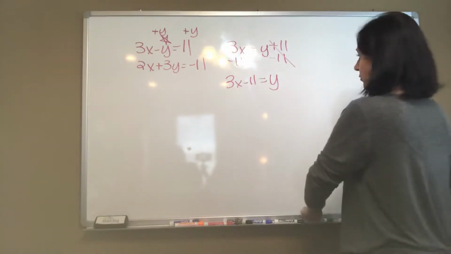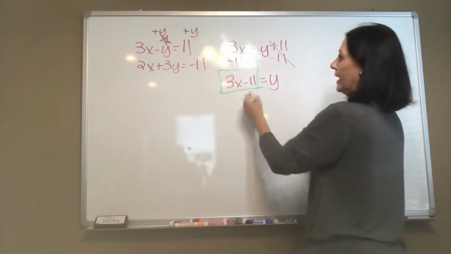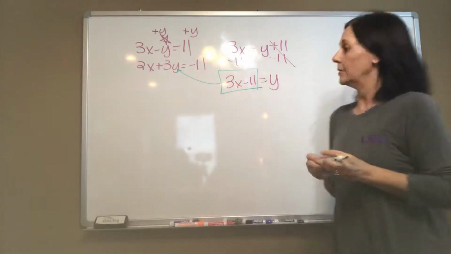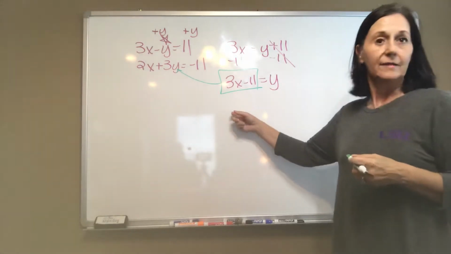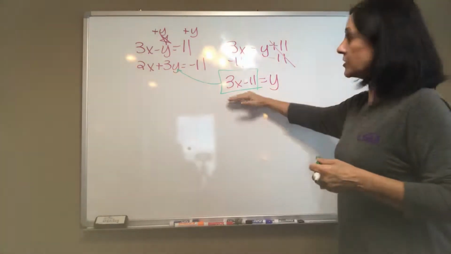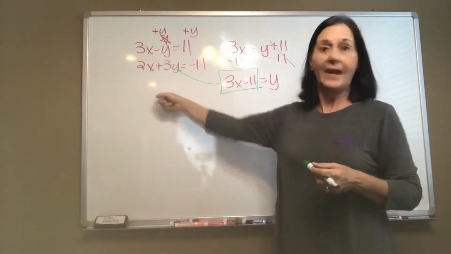Now I have a value that is equivalent to y, and I'm going to substitute it in the other equation where y is. Why do I do this? Because I can't solve it with two variables. When I use substitution, the end result is I have only one variable, and then I can solve it.